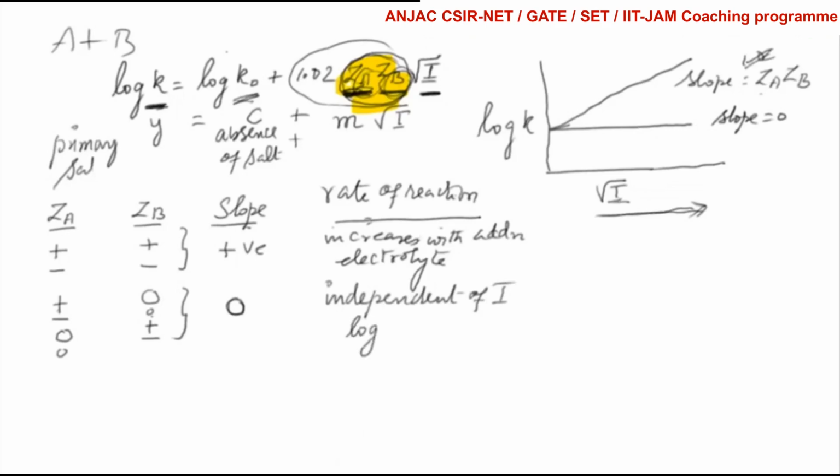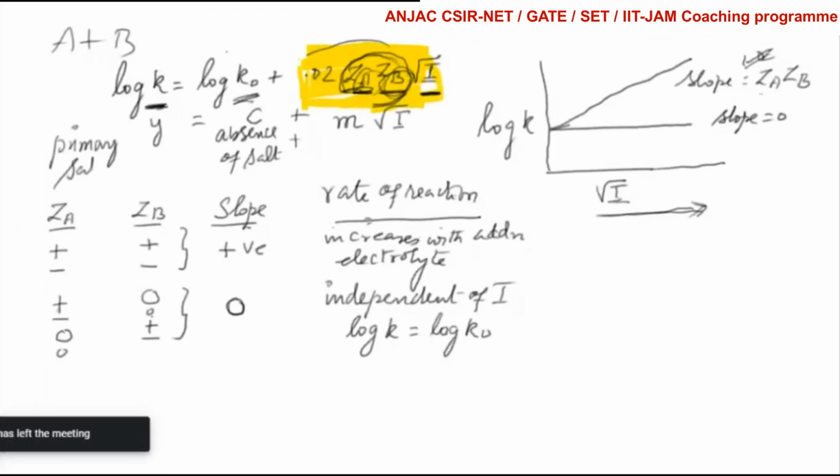Under this condition, log K is equal to log K naught, because this term is totally 0, since ZA ZB is equal to 0. Therefore it becomes log K equals log K naught.